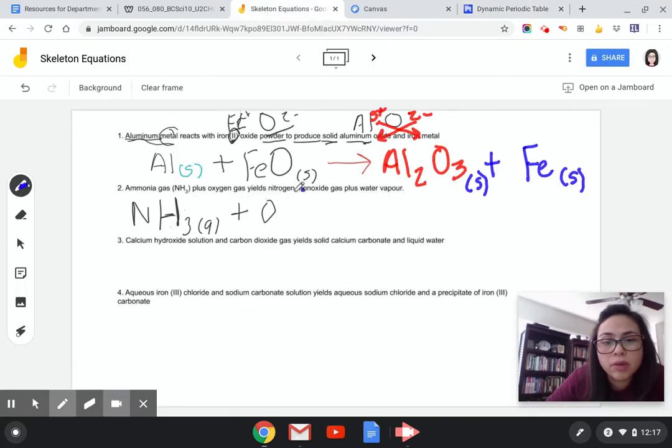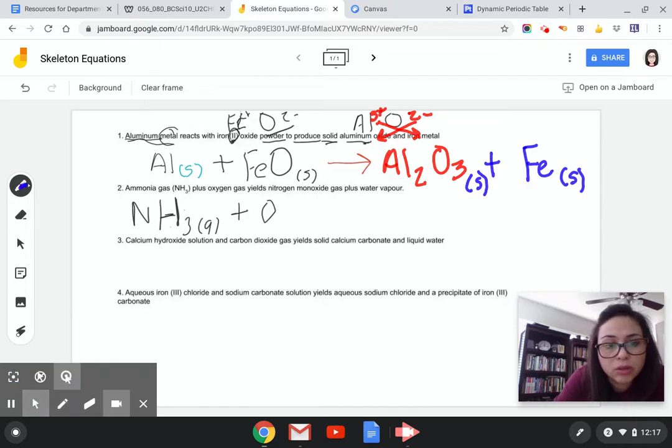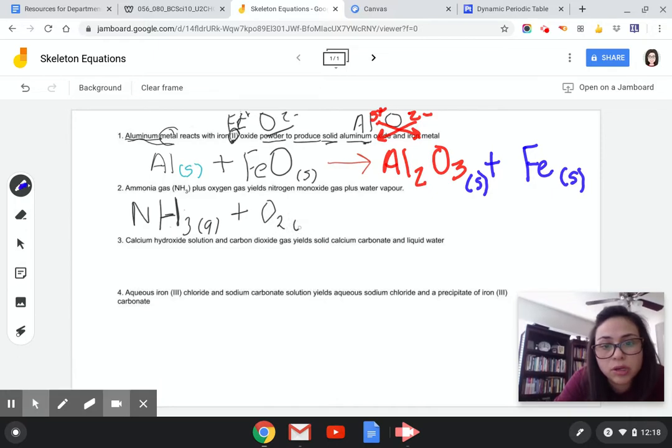Okay. So if it's by itself, we want to make sure that we note that particular diatomic element. It says oxygen gas. We're going to put a little 2, and we're going to represent the matter of this oxygen gas. And it says it yields, so we're going to put our arrow.